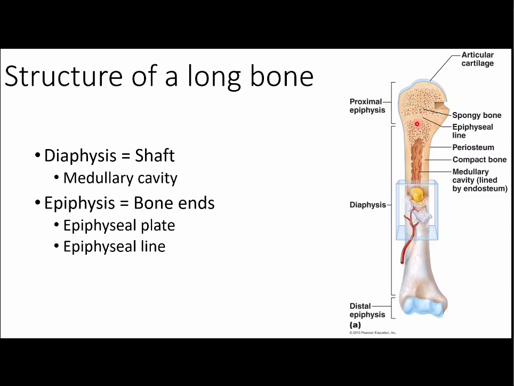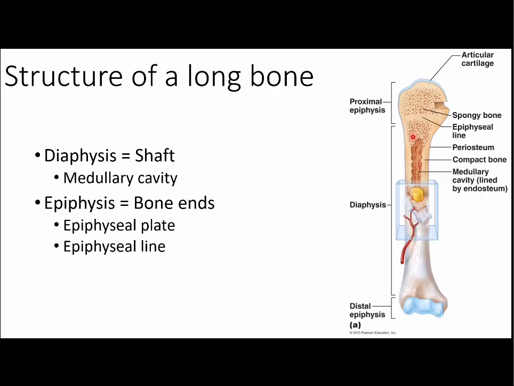Then on either end, so on the outside of the epiphyses, we have hyaline cartilage. Remember, your hyaline cartilage, one of the types that you'll see is articular cartilage, and that's where it covers the ends of these bones that come in contact with other bones. So it helps to cushion the ends of those bones and absorb some of the stress that can be created in those joints when we're moving.